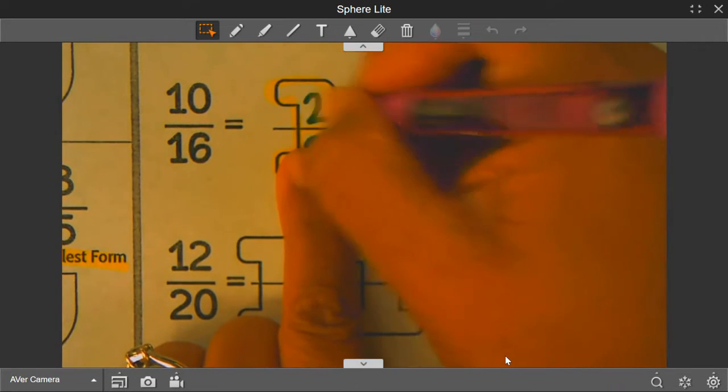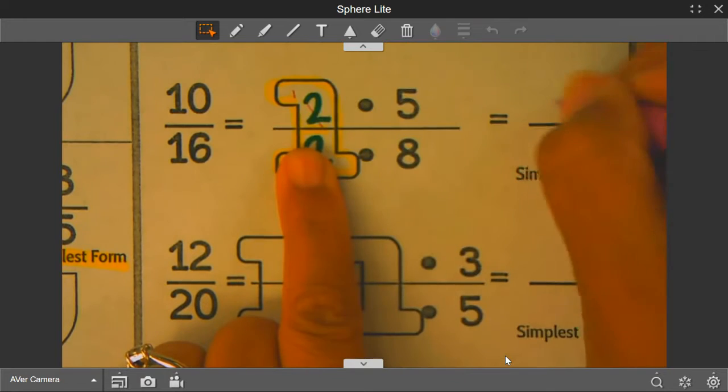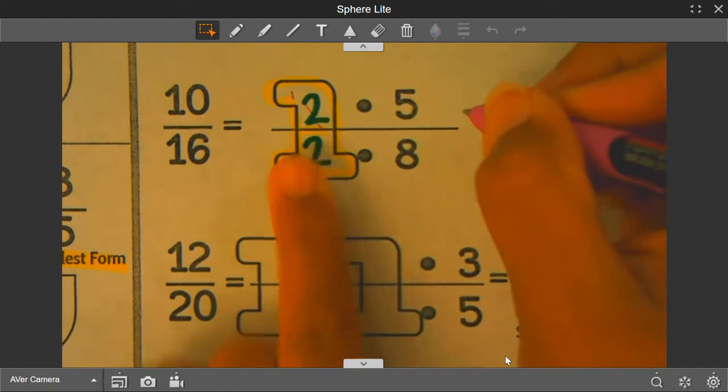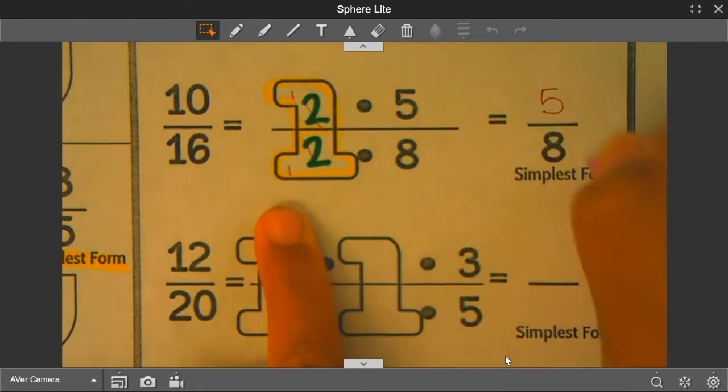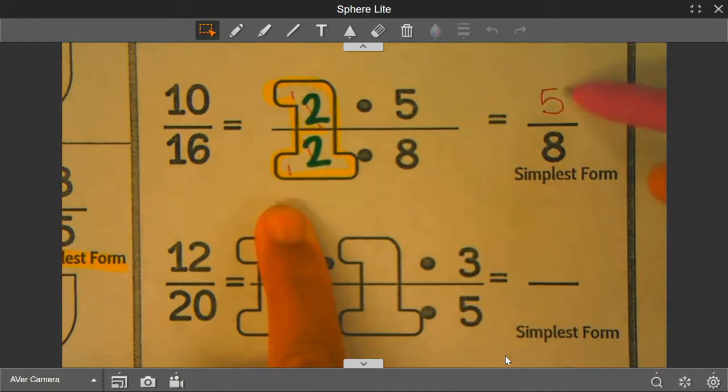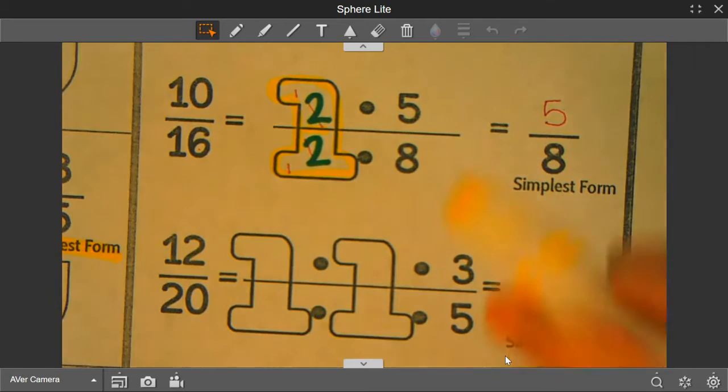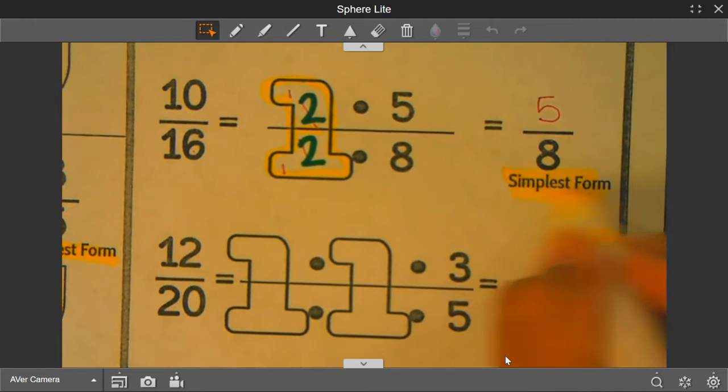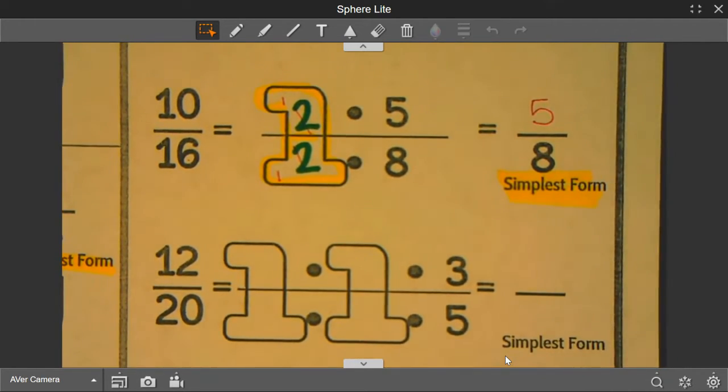So I have 1 times 5, which is 5, and I have 1 times 8, which is 8. So 10/16 is equivalent to 5/8, but 5/8 is the version with the least amount of pieces.